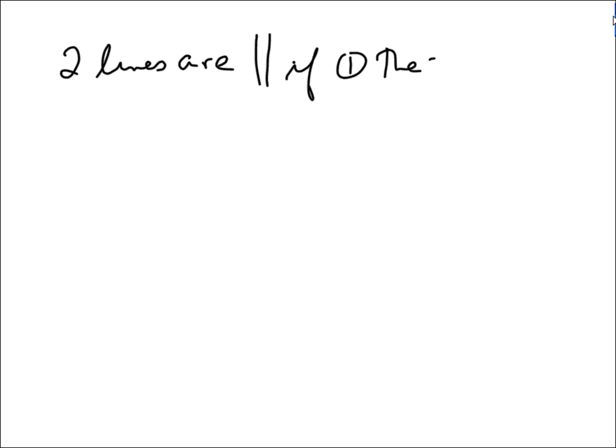Okay. So now, I'm going to give you information about two lines, and I want you to decide if they're parallel or perpendicular. And in order to do so, you need to know the rules. Two lines are parallel if, one, the two lines have the same slope.